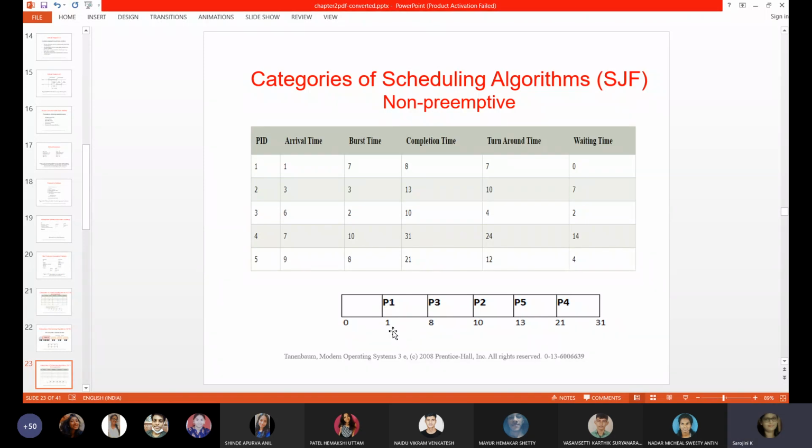So once process P1 has entered, it will not be evicted. It has to completely finish its 7 millisecond CPU burst time. So P1 will complete its CPU execution at the 8th millisecond, because its CPU burst time is 7 milliseconds.